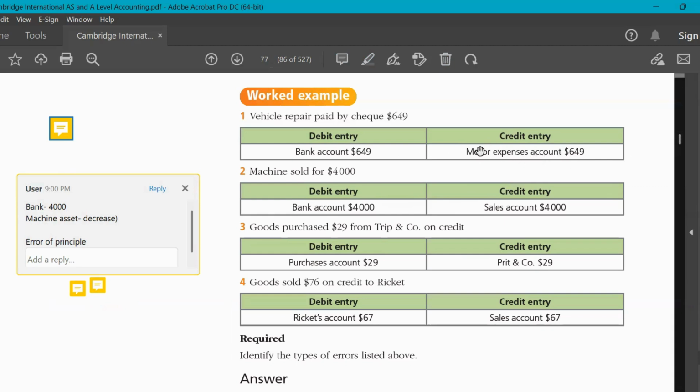That's why it's reversal. Number 2, machine sold. It is a principle error because the asset is treated as an income. Machine is, of course, an asset. So you put it here as a credit, and it's not a sale, but it's the decrease of the asset, which is the machine. That's why it's principle.